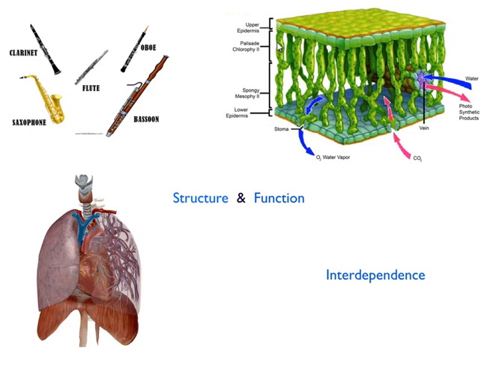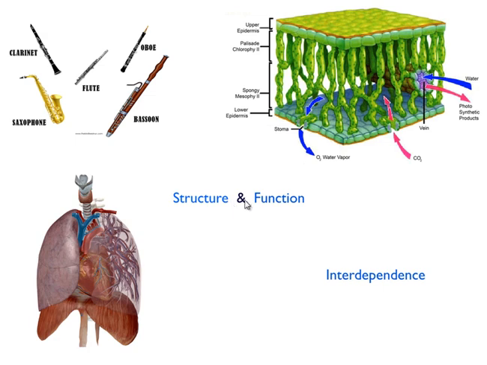Now notice how we have the structures of the plant cell chloroplast. Just as each instrument plays a role in creating music for a band or orchestra, each structure in this plant cell chloroplast has a function that plays a role in the overall function of the plant cell chloroplast.